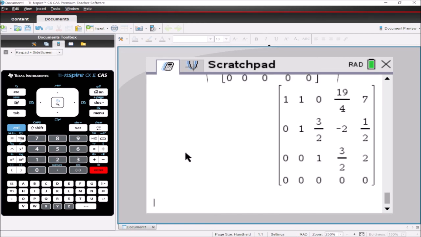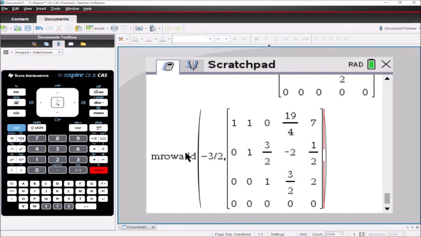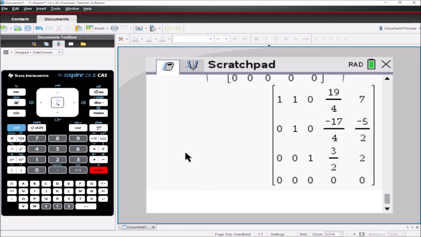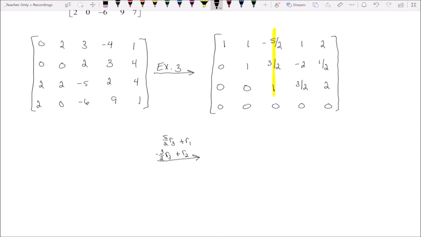Now that would be the result if that was the only step we're doing, but we're not. We're also taking negative 3 halves row 3 and adding it to row 2. This is going to be our resultant matrix by performing both of those elementary operations simultaneously. So again, we just copy that resultant matrix.